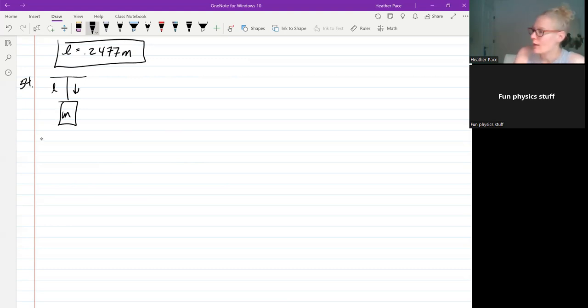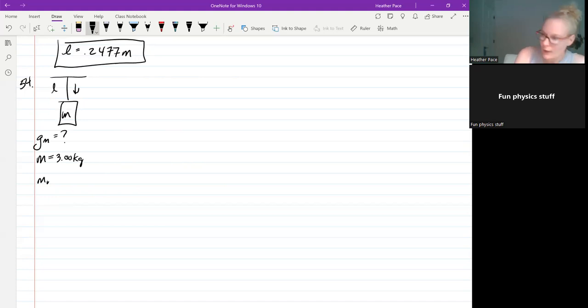So what are we given? First, are there A's and B's? Need to do that because for the last problem, I forgot to do B. We are looking for g of the moon, and we are given the mass of our object, 3.00 kilograms.